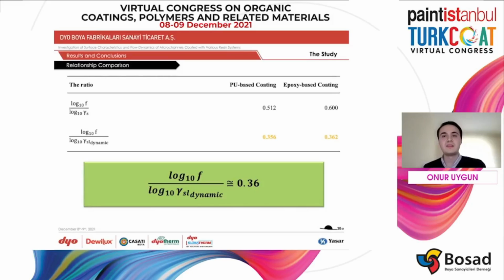It can be said that there can be a constant ratio that equals 0.36 between friction factor and dynamic interfacial tension for a certain flow velocity, and if the flowing fluid is water. Even though this is an exciting result, this ratio should be examined in more depth by conducting experiments on channels with different coating materials.